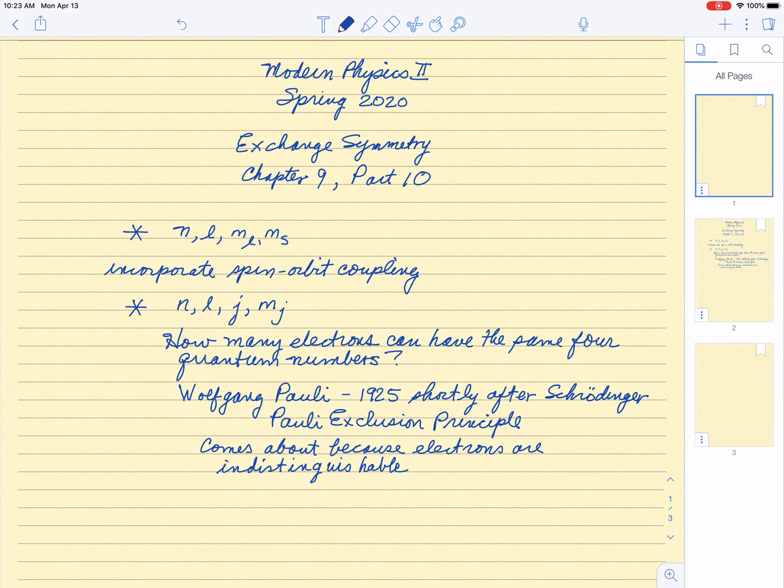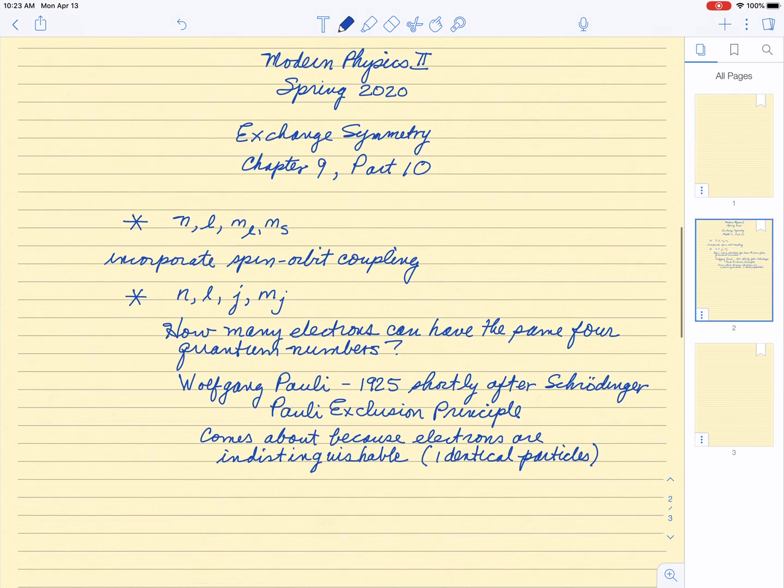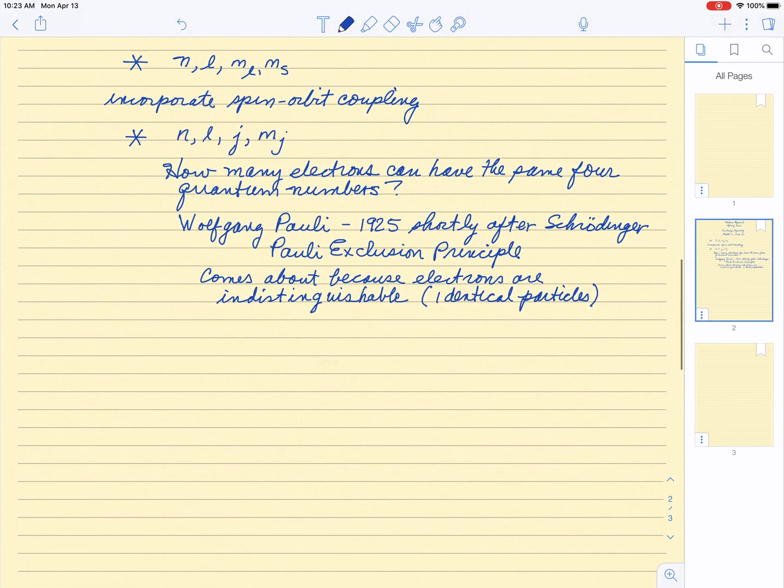Electrons are indistinguishable. And sometimes we say that these are then identical particles. And let me help you a little bit with that notion.